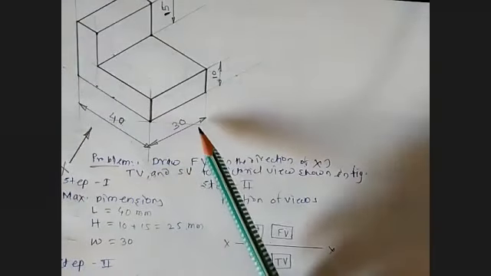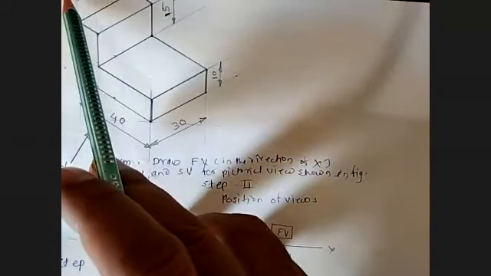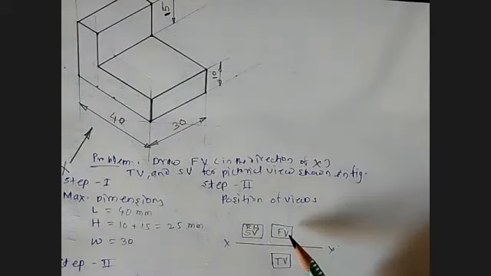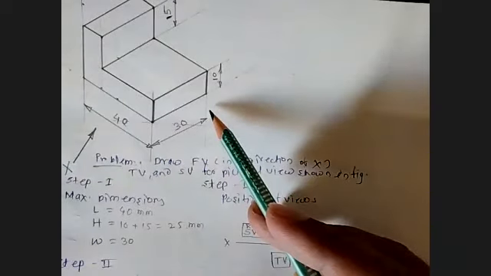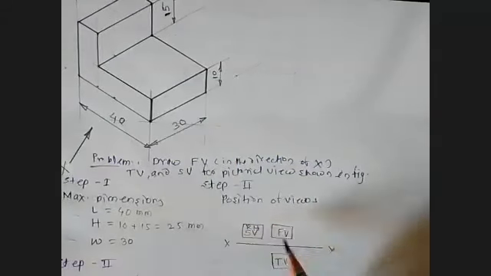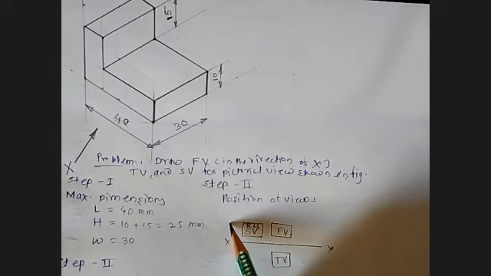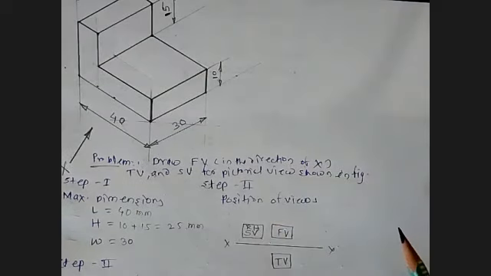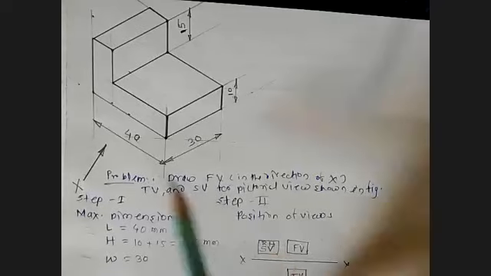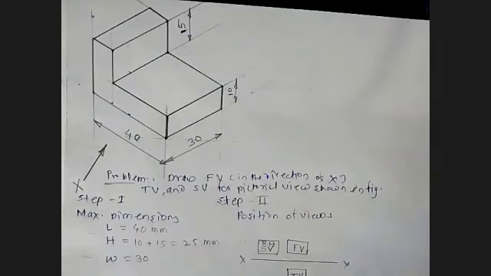Then from this side your profile plane will be on this side, which is nothing but the left side. So always remember that the side view which is looked at from the right side always appears on the left side of your front view, and vice versa.